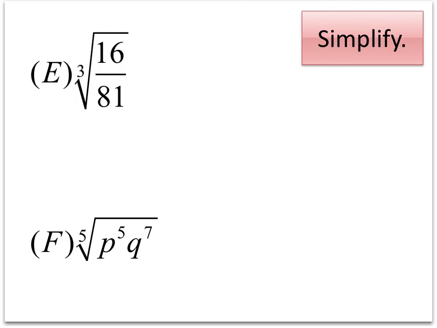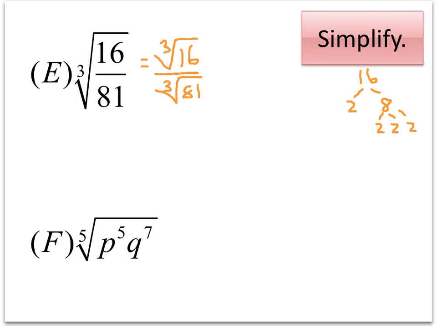If this first example here could simplify under the radical, we would, but it does not simplify. So we're going to break it up. So I'm going to be looking for perfect cubes in 16. Well, 16 is 2 times 8, and we know 8 is a perfect cube. So we are going to take out a 2 and be left with a 2 under the radical.